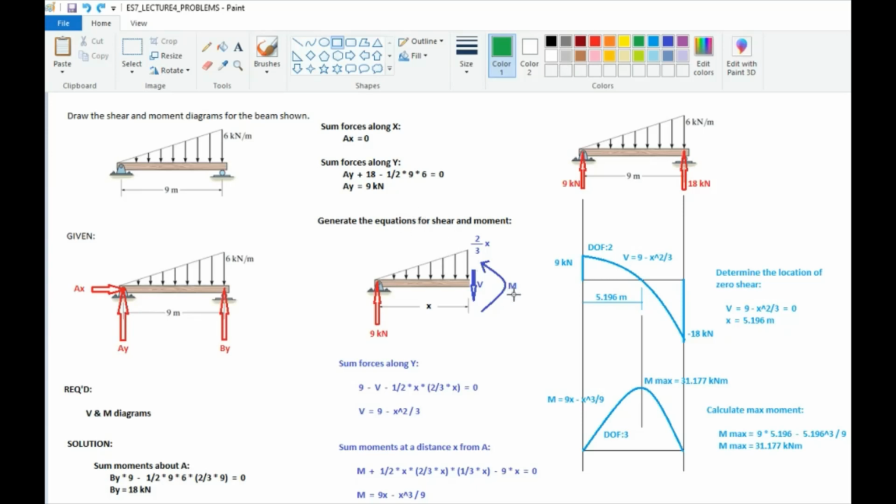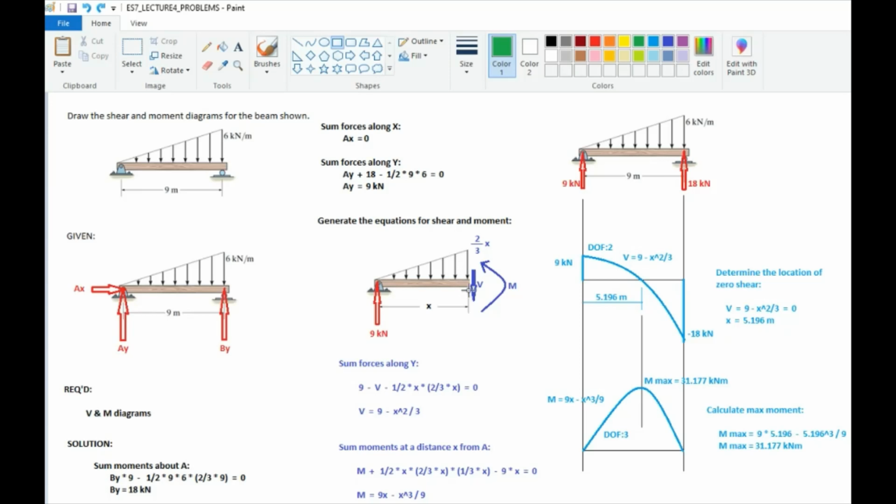Next, guys, we will generate equations for shear and moment. This was not done in the classroom. So, generating the equations. Now, how do we generate equations for shear and moment? You will cut your beam.